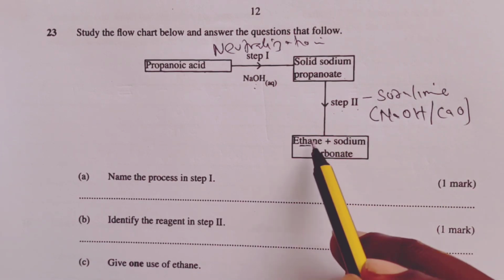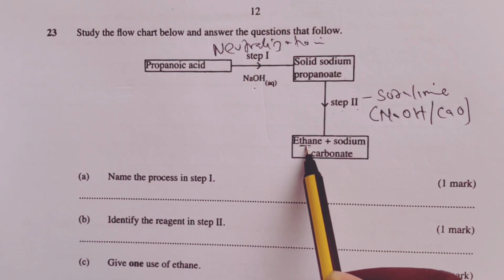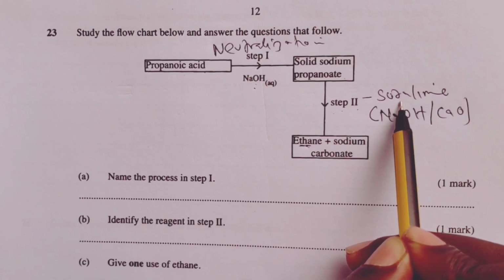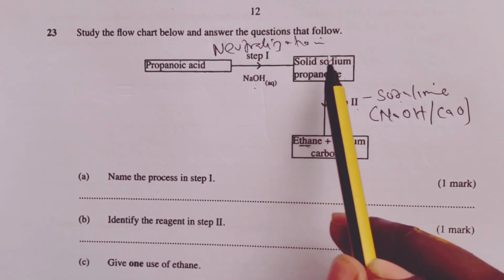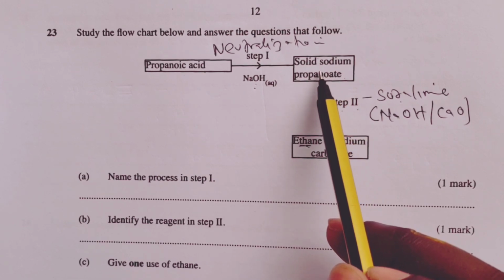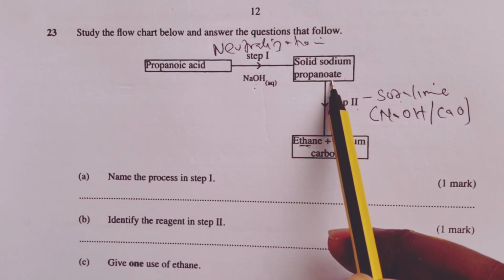Remember, this is an alkane with 2 carbons, ethane. For us to prepare an alkane with 2 carbons, we need to react soda lime with a sodium alkanoate that has 3 carbon atoms. The name would be sodium propanoate.